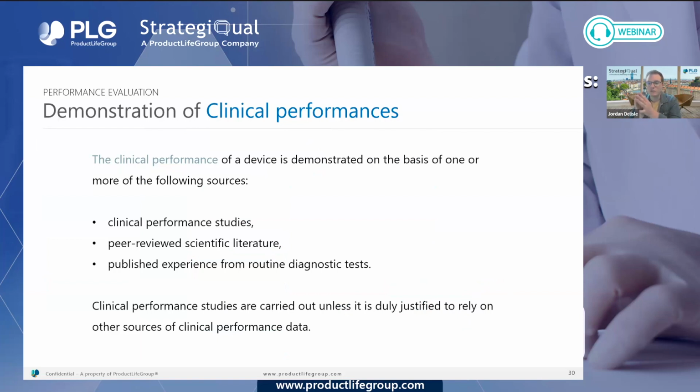And by published experience, we mean any document or dataset resulting from the use of the device that has been the subject of a brochure aimed at the general public, a publication on a laboratory website, an internal document available on request, an officially announced information, etc. Clinical performance studies are carried out unless it is duly justified to rely on other sources of clinical performance data.